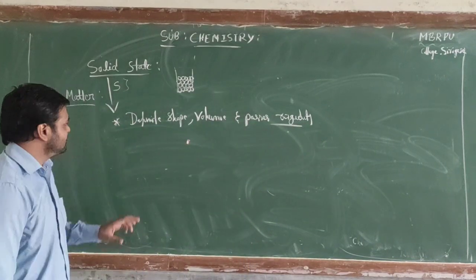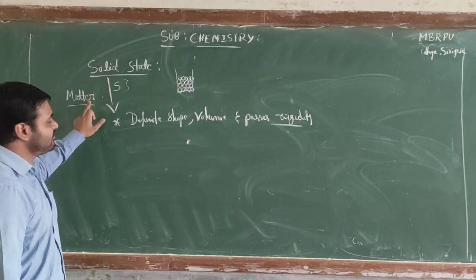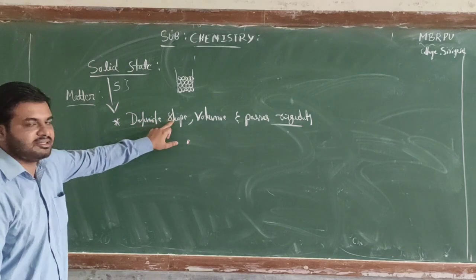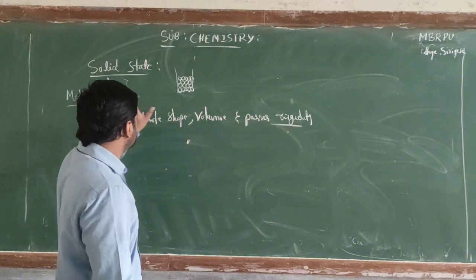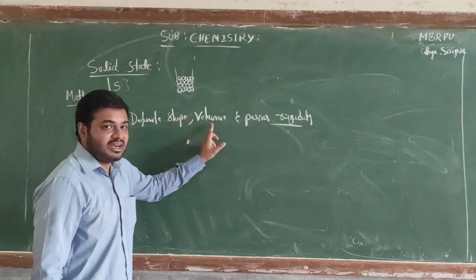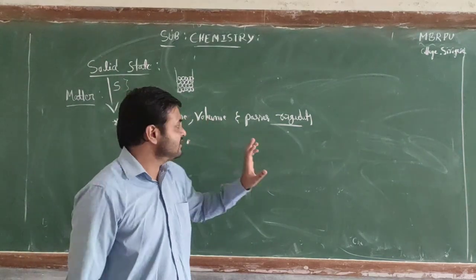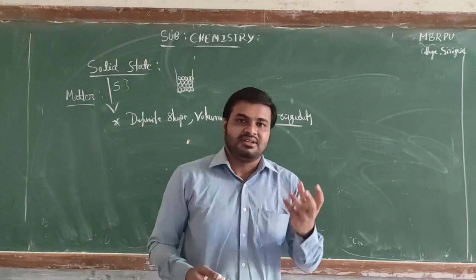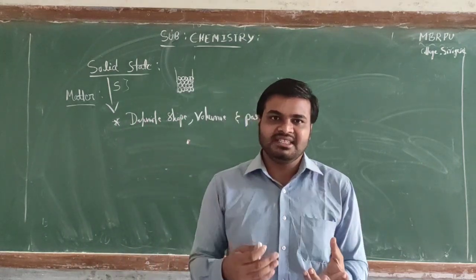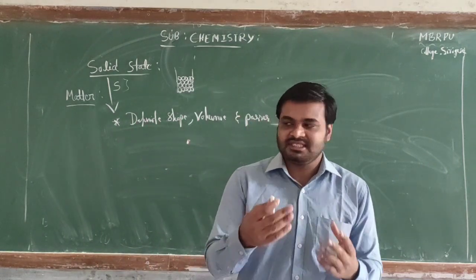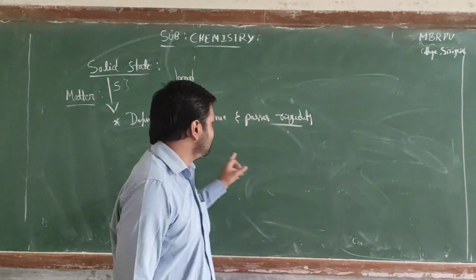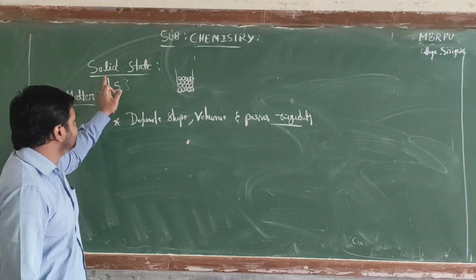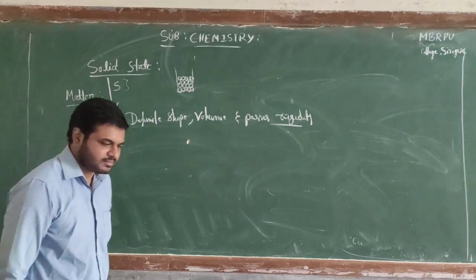This is the definition. But in the case of liquids, volume is there but not a shape, because whichever container you use, the liquid takes that shape. This is the main definition of solids.